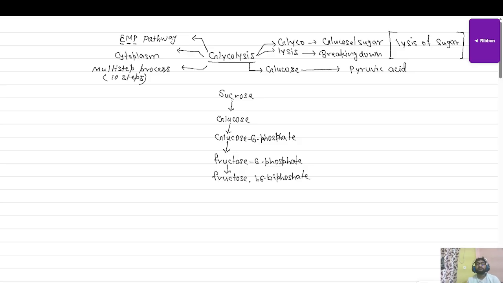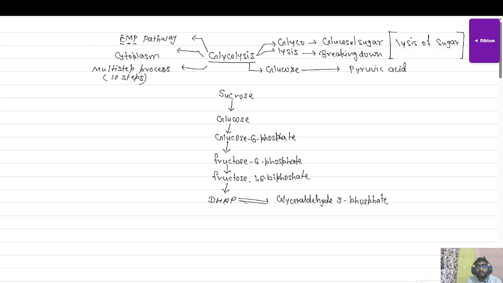From this fructose 1,6 bisphosphate, another molecule will be formed, called dihydroxyacetone phosphate, DHAP, which is in dynamic equilibrium with another component, glyceraldehyde 3 phosphate. Is it clear? Fine. What will be the next step?